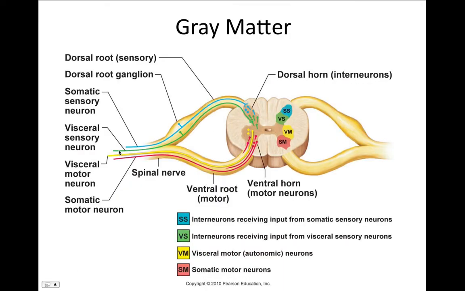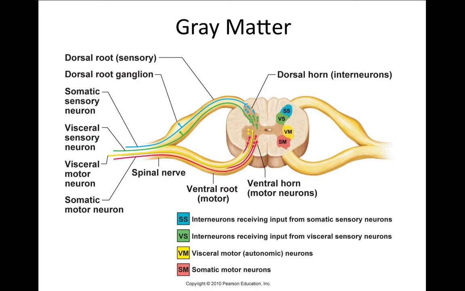So when you have nerves that are coming into the spinal cord, they travel in the dorsal root, where you have the dorsal root ganglia, the collection of neuron cell bodies. The dorsal root is going to come into the dorsal region, the posterior segment of the spinal cord, and synapse in the dorsal horn with interneurons that are then going to synapse with the motor neurons, or they are going to go up or down the spinal cord to communicate with other motor neurons or other interneurons that are going to communicate information.